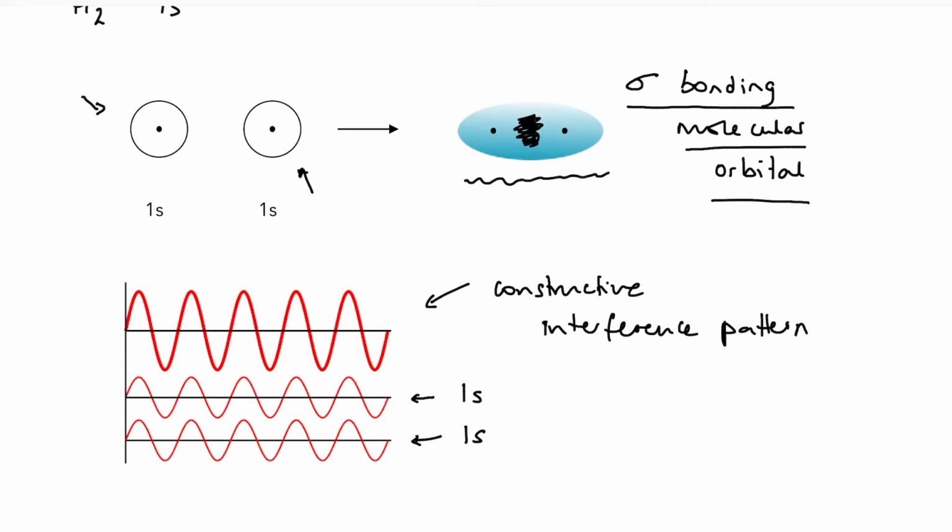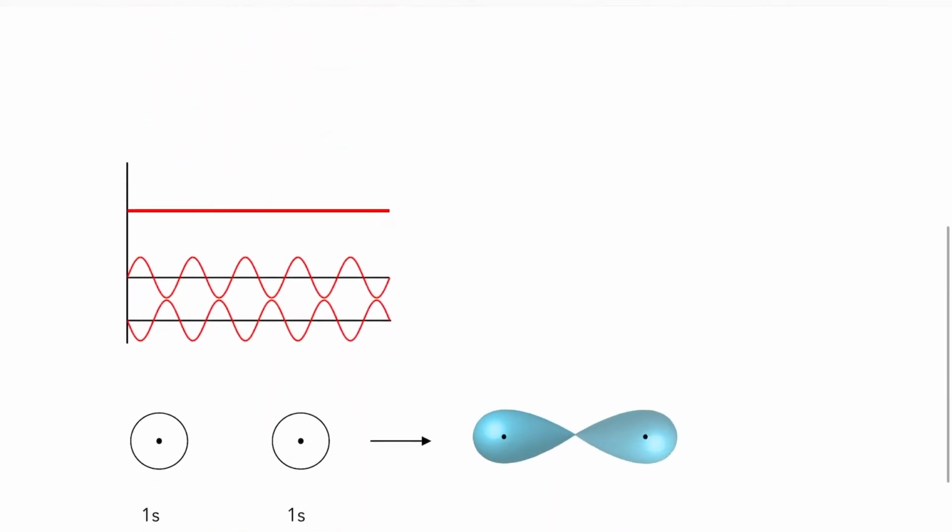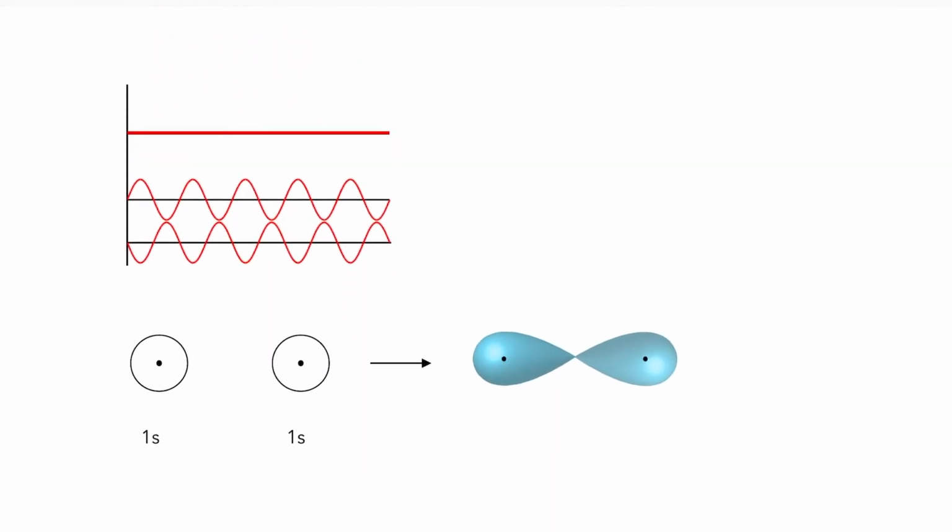Now, if we can combine waves constructively, we can also combine waves destructively. And when that happens, we get a destructive interference pattern. So when hydrogen combines its two 1s atomic orbitals, we end up making two molecular orbitals.